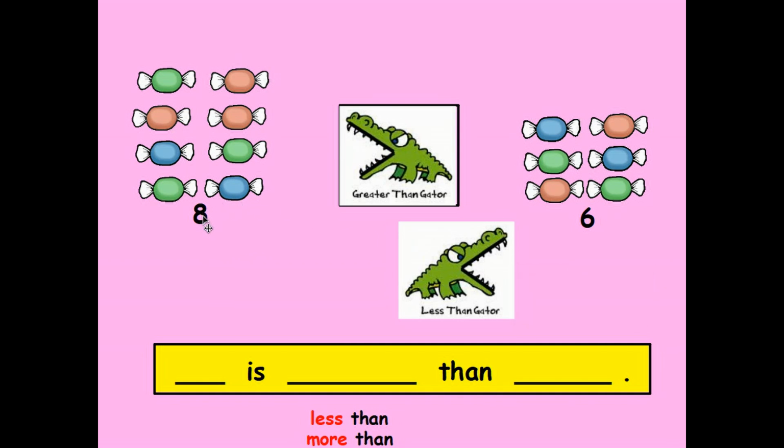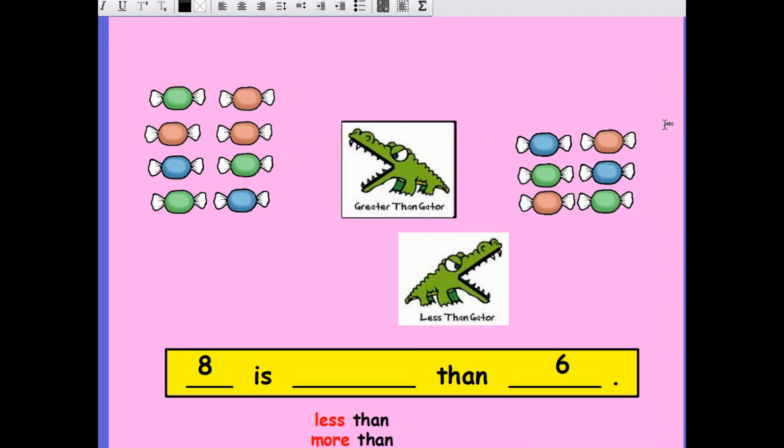So now put here again the numbers 8 here, 6 here, and 8 is what? You can say greater than, or more than. So the word is more here. You use more than 6.